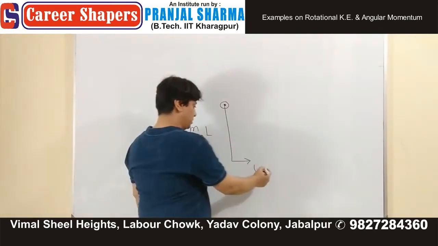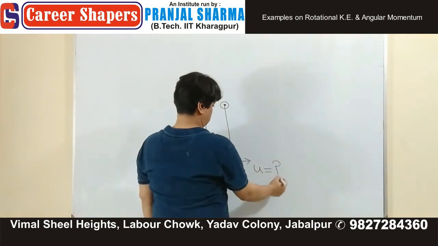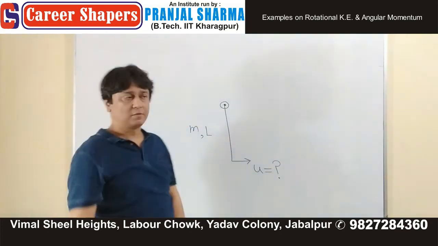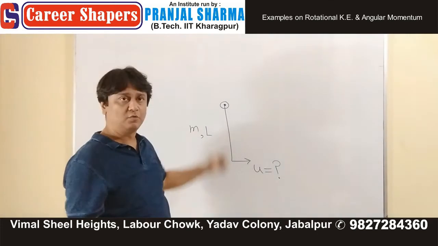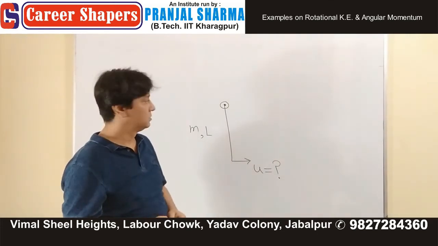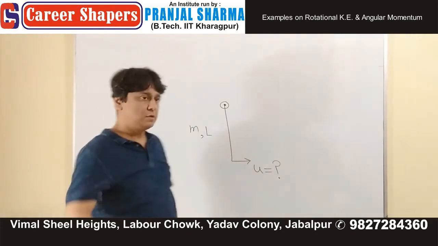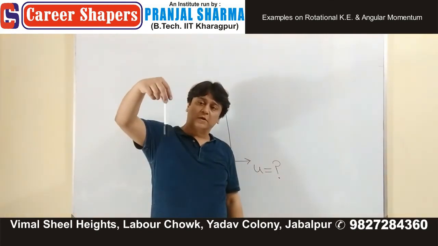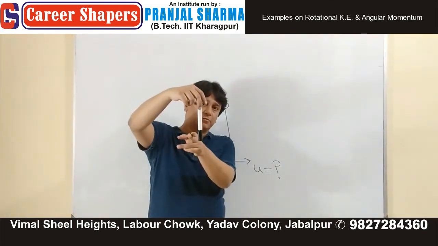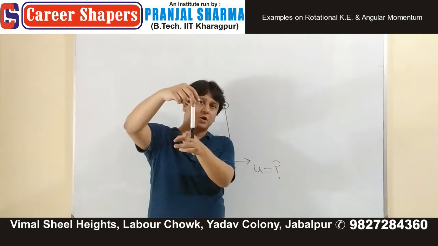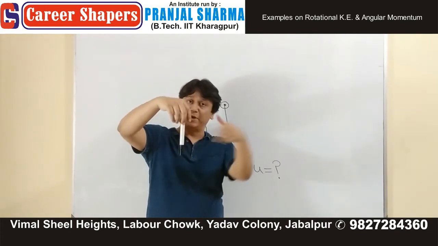We need to find u so that this rod can complete one full rotation. If I give it some u, you can see that it is not completing circular motion, complete rotation.